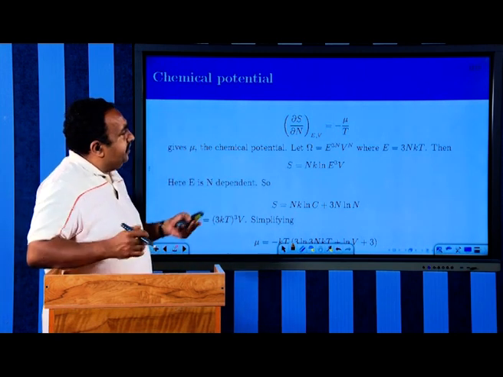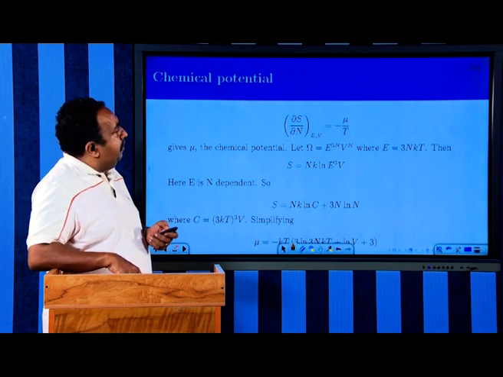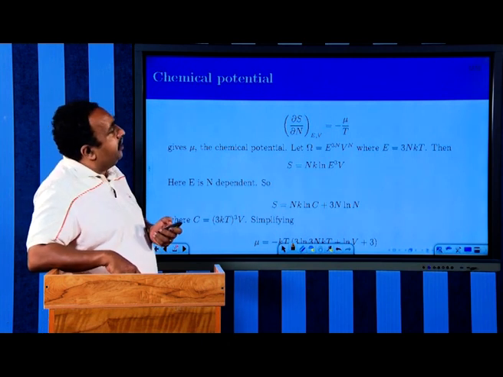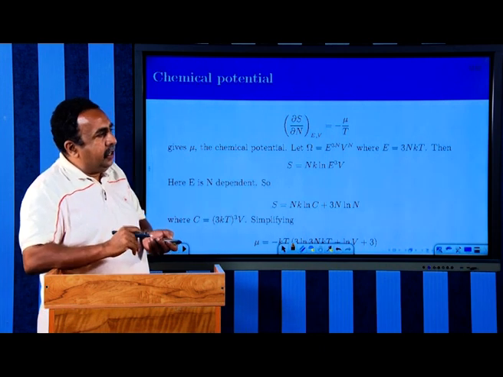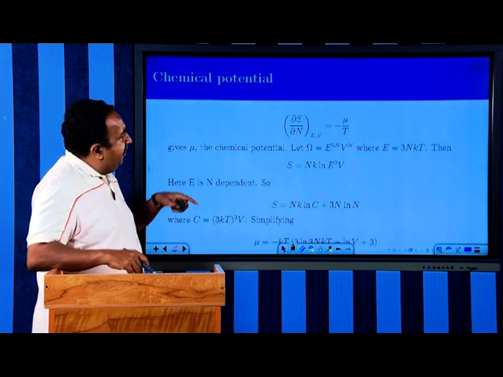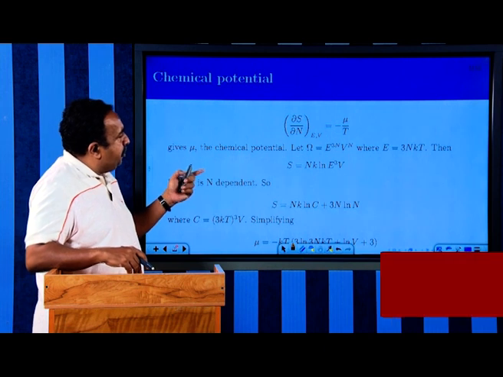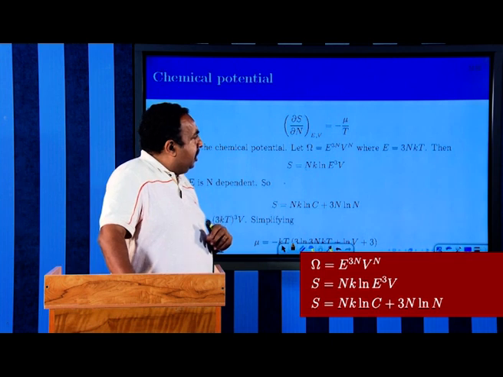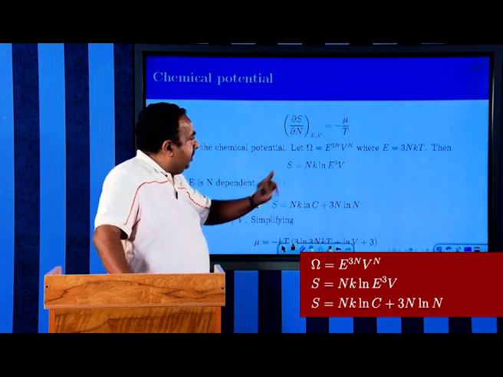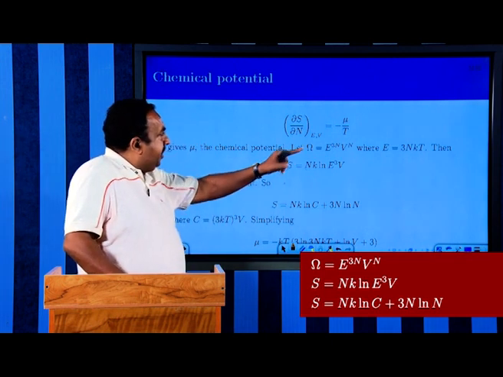Therefore, instead of 3 by 2 NkT, I will take E is equal to 3 NkT. There are a large number of systems where energy is not equal to 3 by 2 NkT, it can be 3 NkT. If I substitute that, my equation will become Nk log E cubed into V, where N is taken here and E I have to take as 3 NkT.